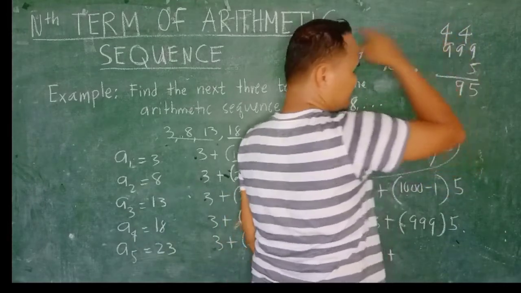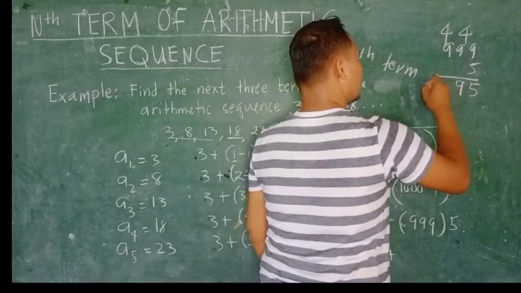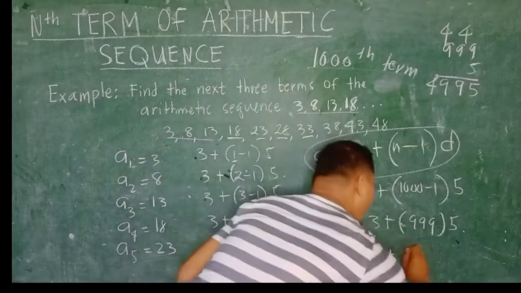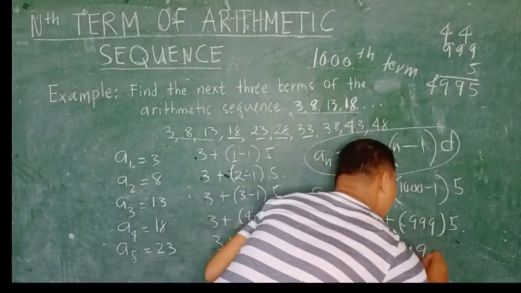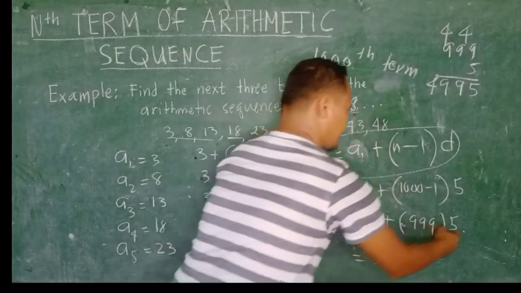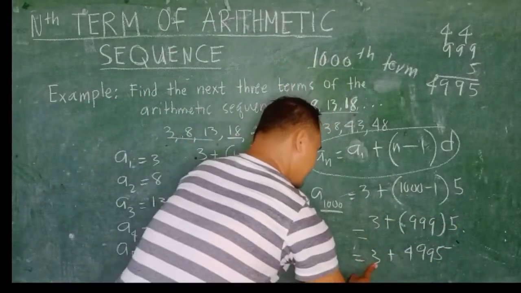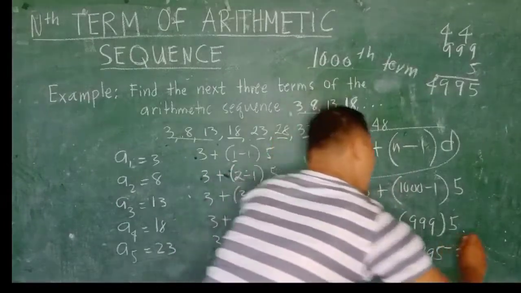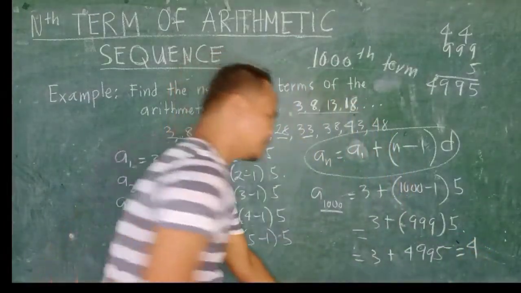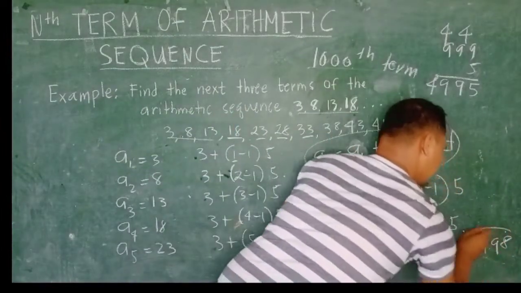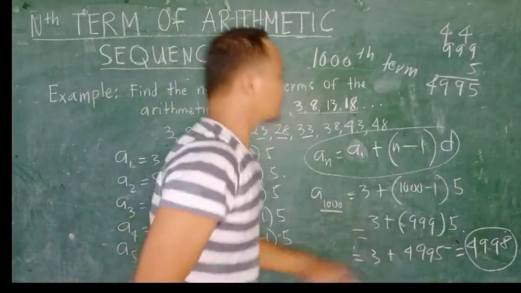So here, this is 4,995. That's if we multiply it. So, plus 3, this will be equal to 4,998.